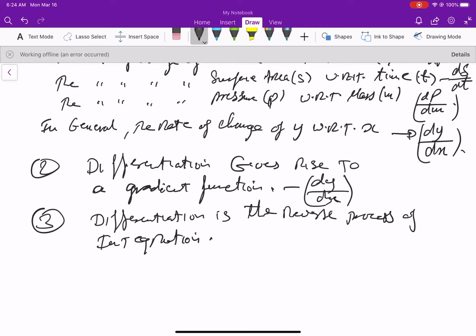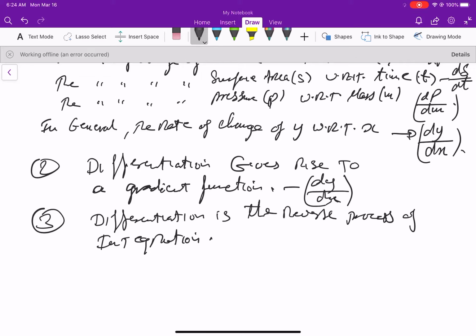If I wanted to differentiate a polynomial function, the rules for that would be different than if I wanted to differentiate an exponential function. It would be different from if I wanted to differentiate a log function. It would be different from if I wanted to differentiate a trigonometrical function, etc.